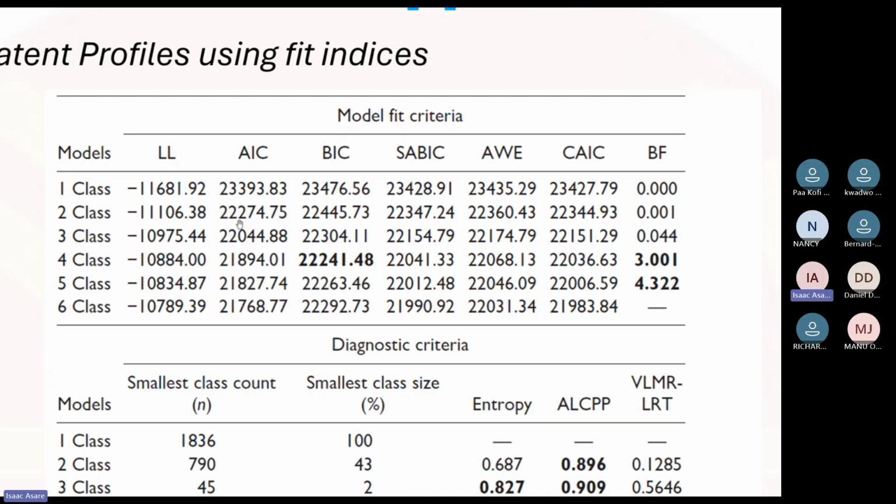So you can see that clearly it is 22241.48. That is the least among the BICs. Okay, so that tells you that 4 classes, or model 4, is the best to fit the data that you have, right?